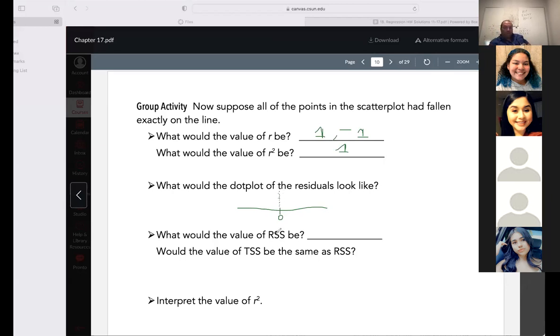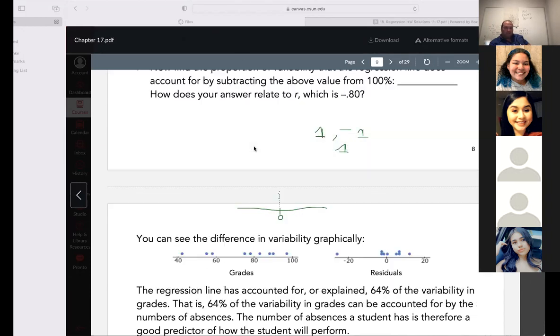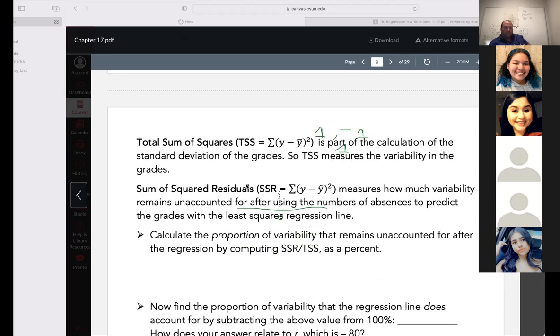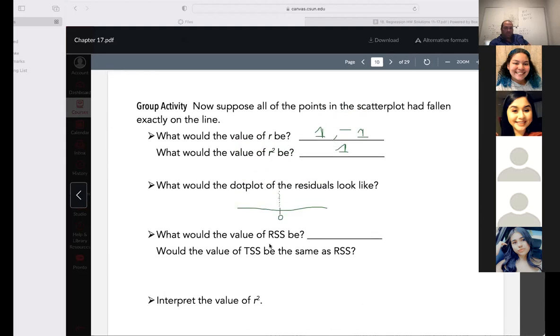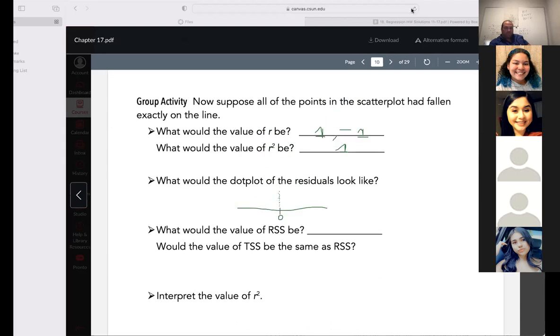So the sum of the squared residuals, SSR. What would the value of the sum of the squared residuals be if each one itself was 0? 0. So if I do the SSR over the TSS, what would I get? 0.